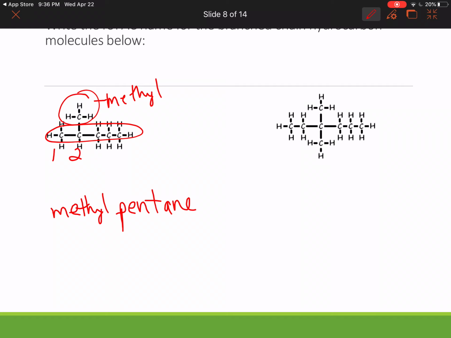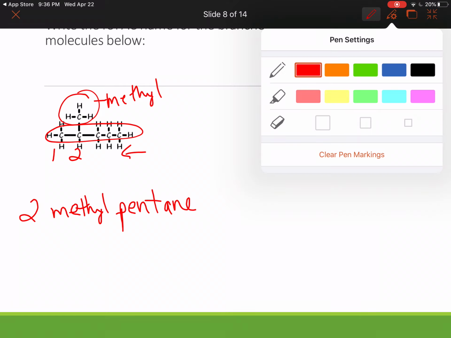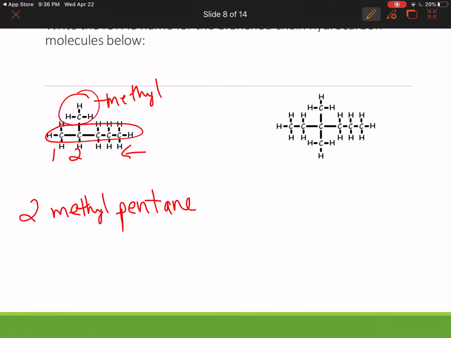So 1, 2. That gives me 2. If I counted from this end, I would get 1, 2, 3, 4. I don't want that. So this is a 2-methylpentane. Right? So super, super easy, I think. Obviously, it's going to require some practice, so don't worry if it doesn't all come to you at the very beginning.